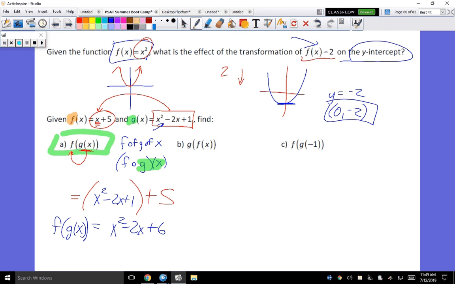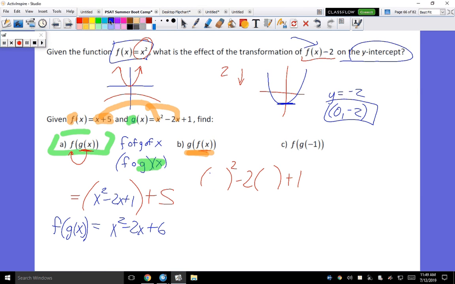Okay? The next one we're going to do is G of F of X. This time we're going to do the F first. So what did we get for F? Well, we got this guy. And we're going to plug this into G where all the inputs belong, because this is what this is asking. It says take F's answers and plug them into G's inputs. So we have parentheses squared minus 2 parentheses plus 1.